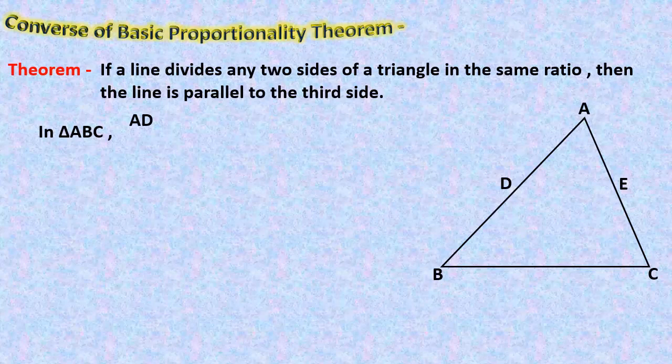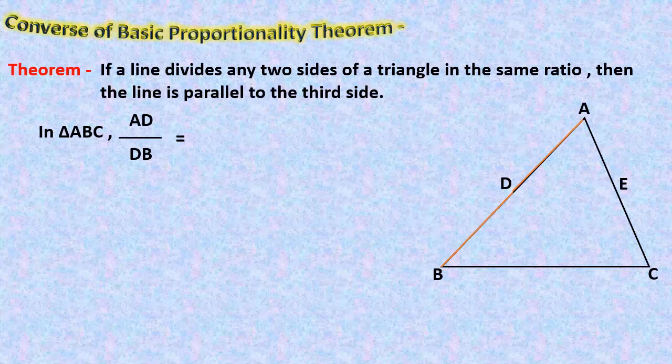This is equal to the ratio where line DE divides side AC into two parts, AE divided by EC.